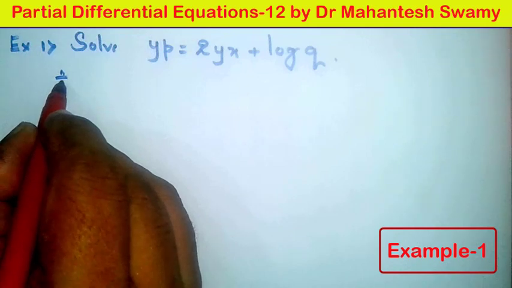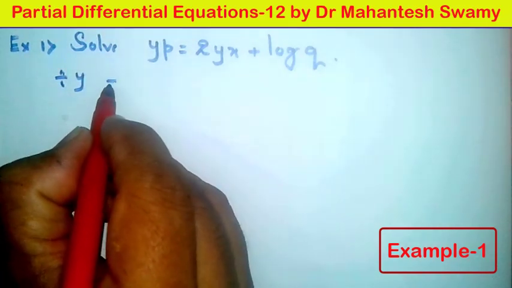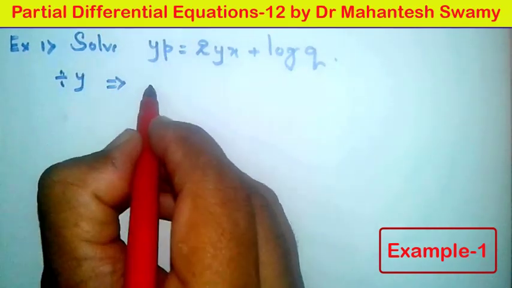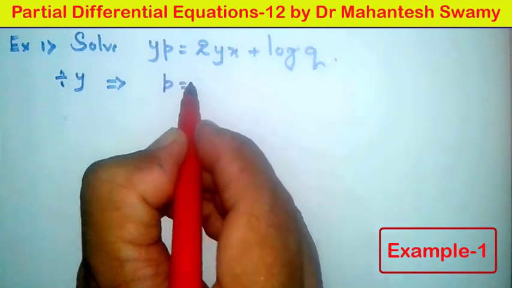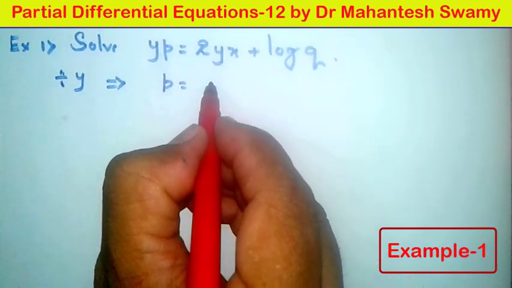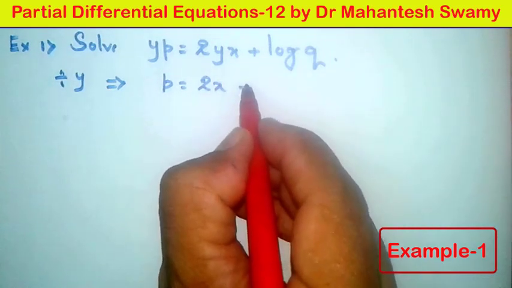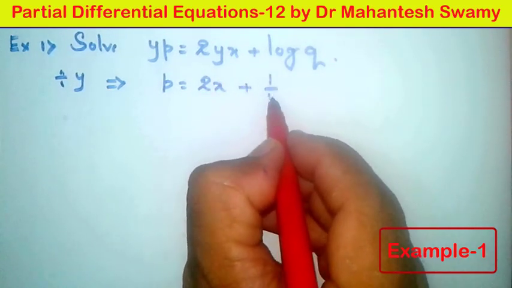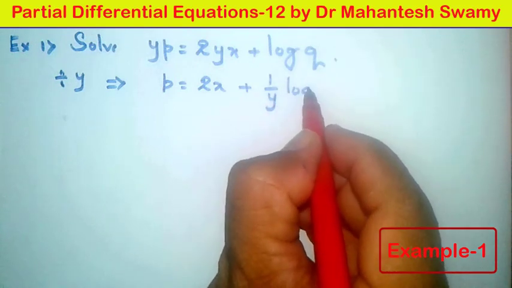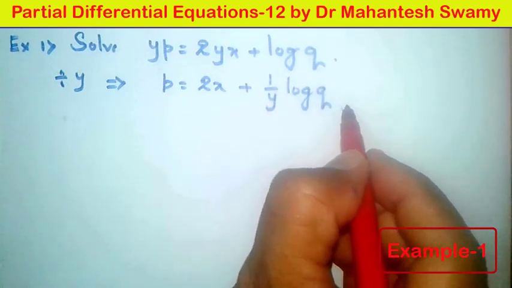If we divide the given equation by y, y by y cancels, only p remains here. 2y by y cancels, it is 2 into x remaining. And here 1 by y into log of q as it is at the end.